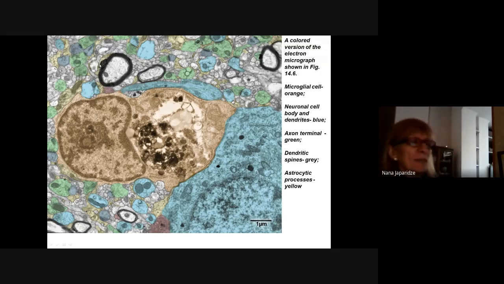We see here myelinated axons. We see here unmyelinated axons too and axon terminals. We see the dendrites. So this image gives a really very good understanding of the content of neuropil.